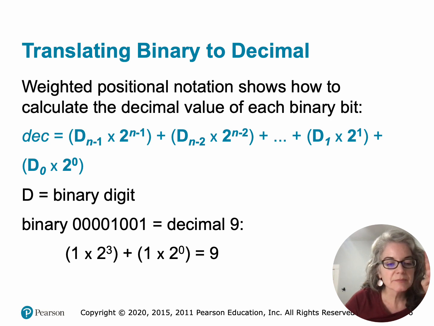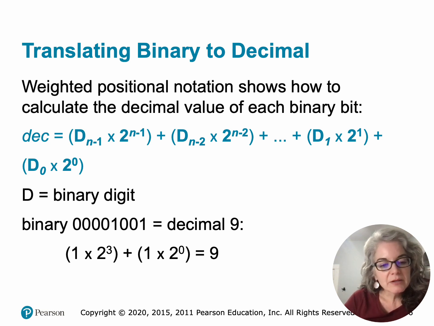That's 4 bits. 1, 0, 0, 1. So this is 8 bits, and 8 bits equals 1 byte. This binary number represents the decimal 9. How is that calculated? We look at the positions in the binary number that have a 1, and we ignore all the ones that have a 0.